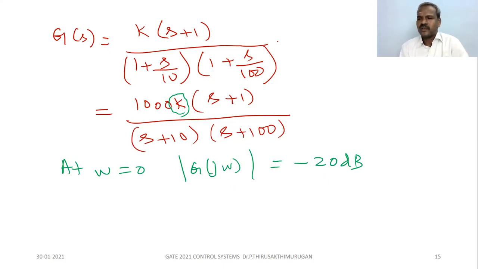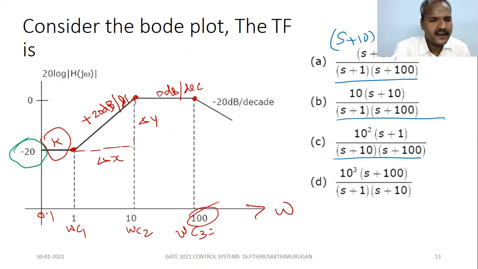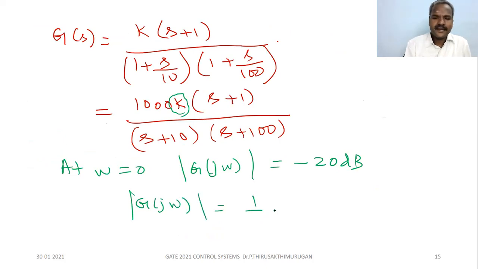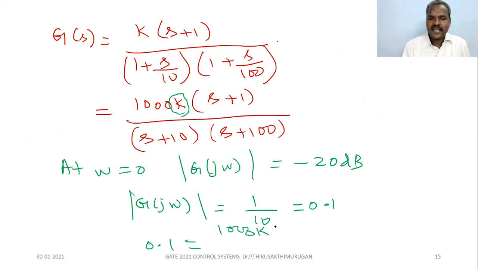So 0.1 equals 1000 k, substituting s equal to 0, because omega equal to 0 means s equal to 0.